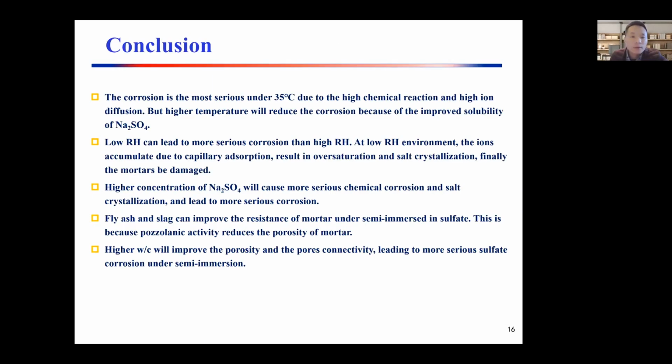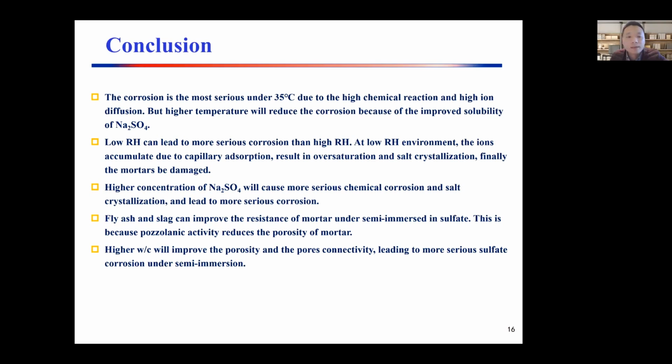Based on the above investigation, we get 5 conclusions. The first one, the corrosion is the most serious under 35 centigrade due to the high chemical reaction and high ion diffusion, but higher temperature will reduce the corrosion because of the improved solubility of sodium sulfate.